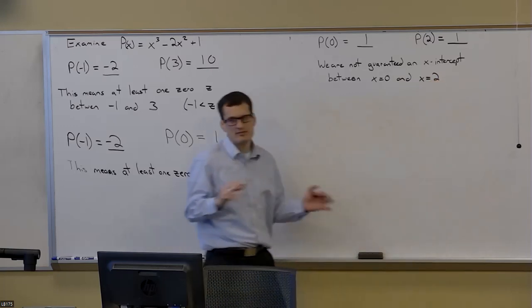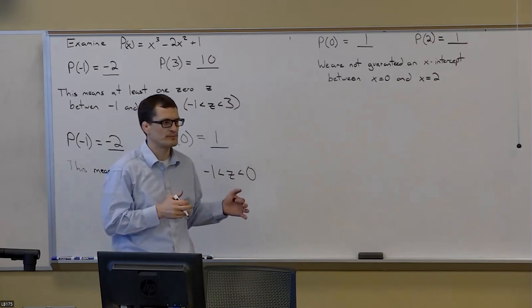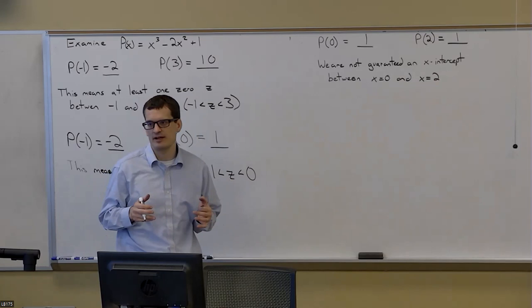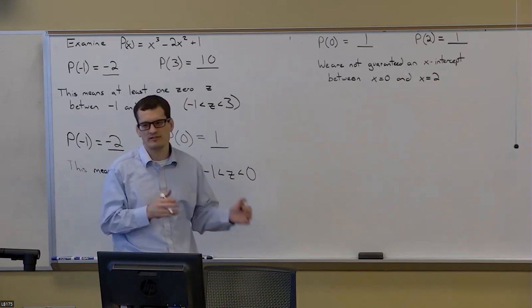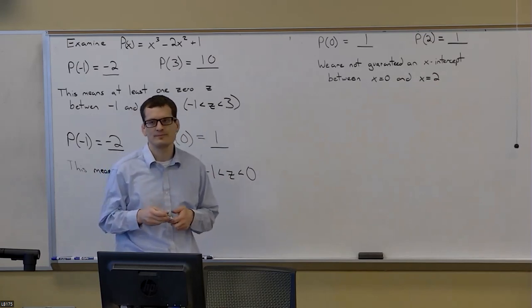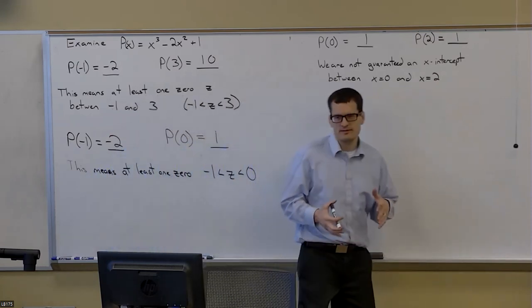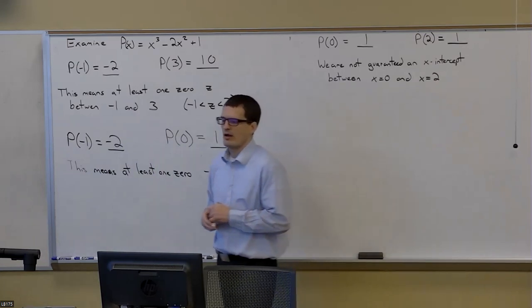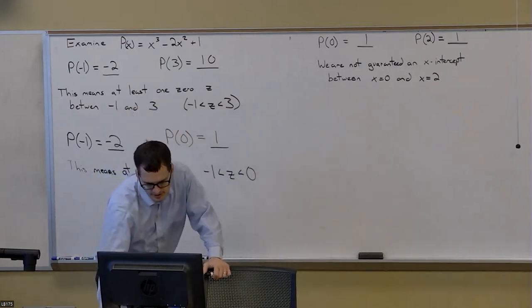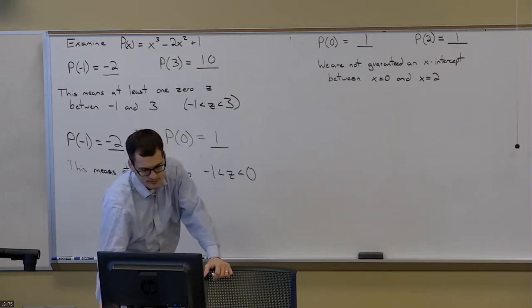I'm trying to write these in different ways just so you see that there's a number of different phrasings people can use that mean the exact same thing. There's a zero between these values, there's an x-intercept between these values. They all mean the same thing. It's just a matter of which we prefer.